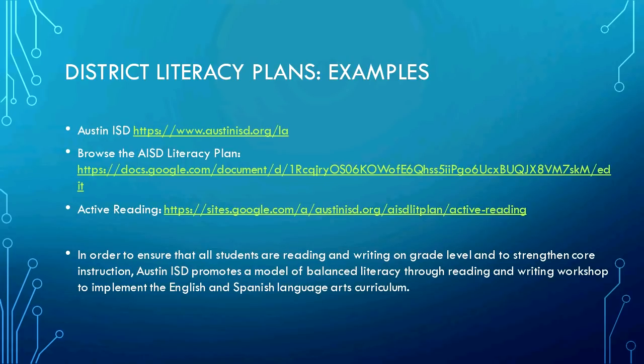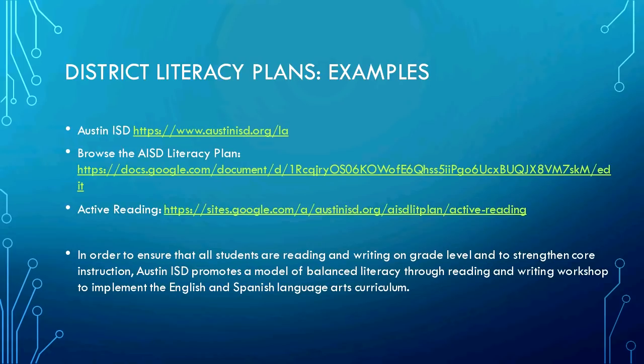I have some examples here, and you can look at these on your own later. Austin ISD shares a lot of information about their literacy plan, and then they have a little statement about it. I think it's a great idea to look at different districts' literacy plans to see how they approach literacy, because there's not one way to do it.